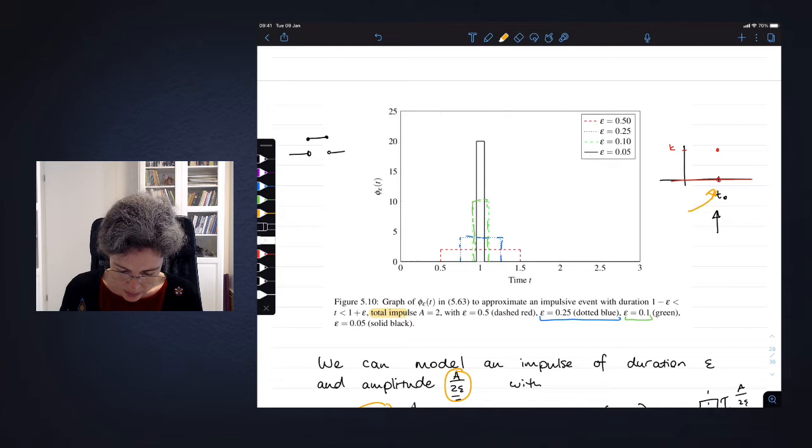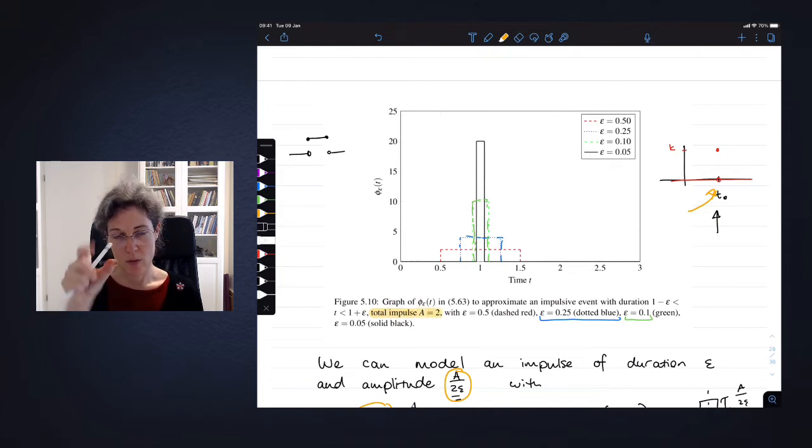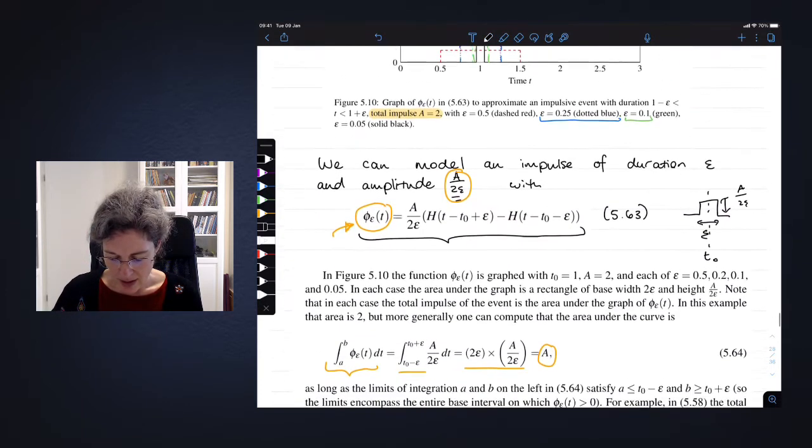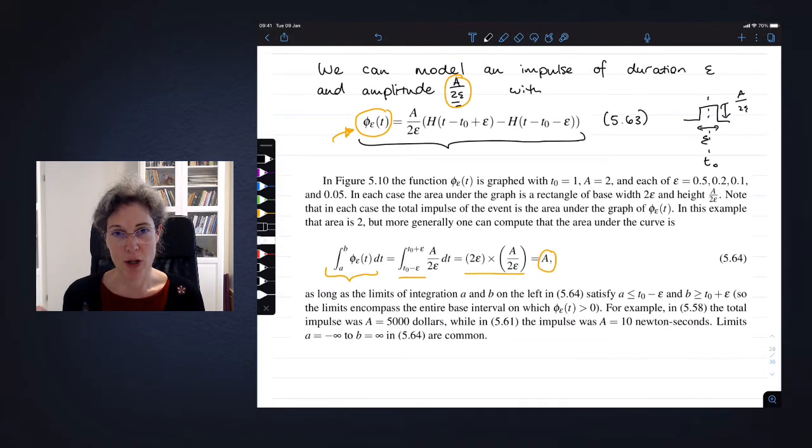So total impulse A is equal to 2. Although they have different widths and different heights, their areas are all the same. And although that might not seem intuitive, it is the most useful way to go about this, because we care about the integral of these functions more than we care about the actual function itself.